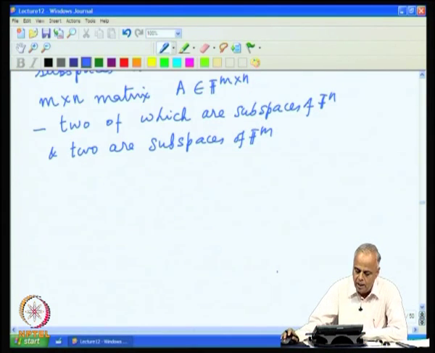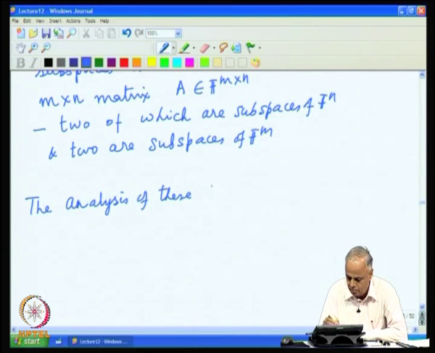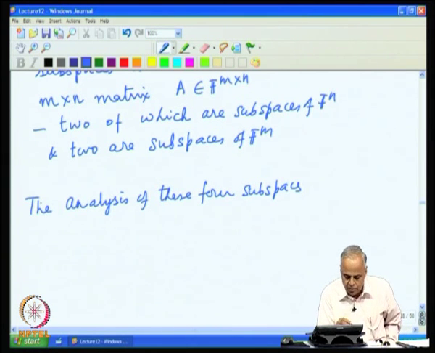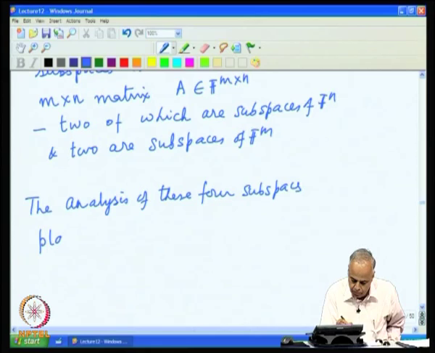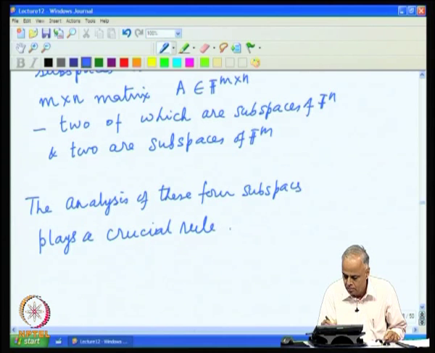Now, the analysis of these 4 subspaces plays a crucial role in the analysis of the matrix.